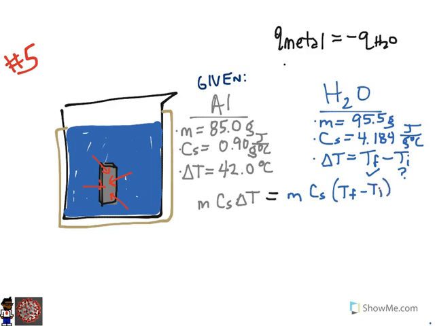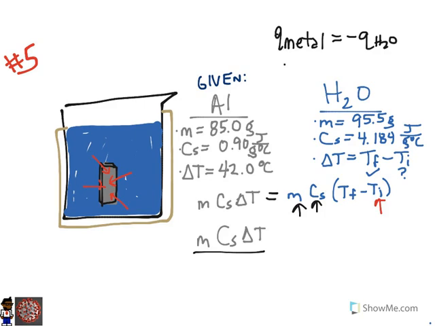So this is going to be fun for you math people. So basically we just want to isolate initial temperature, and it turns out that it's not going to be that hard. So let's get rid of these guys first. So you've got mcs delta T of the metal.